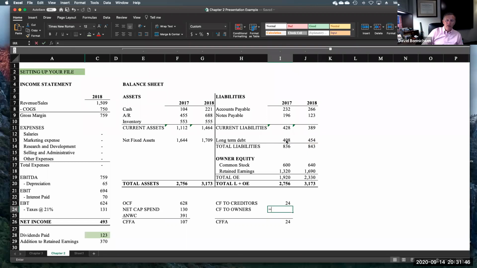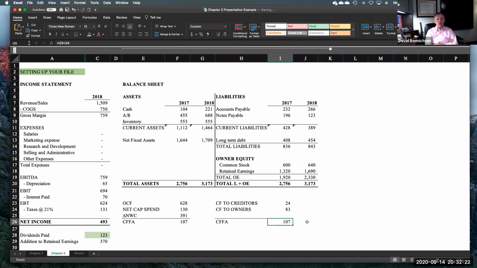So we look at the dividends that we paid of 123, minus any new equity that we raised, which brought cash into the door, which is nothing more than the difference year over year in our common stock. So common stock of 640 minus common stock of 600, 83 million. So now we see the identity holds, 107, 107. So we've just balanced it out.